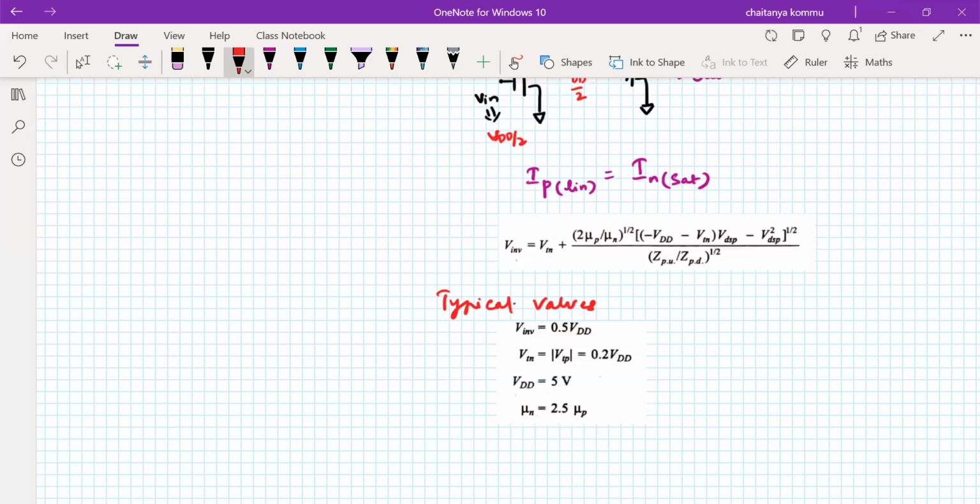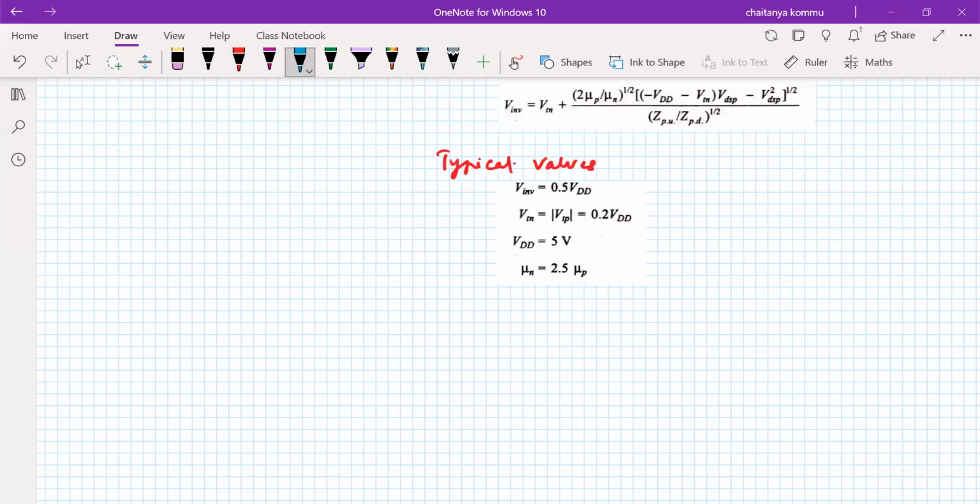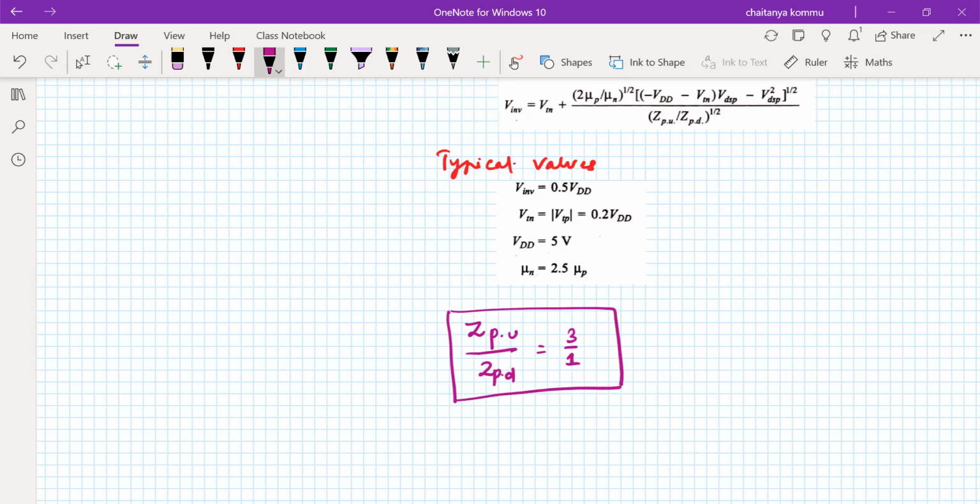Okay, so then what is the final ZPU divided by ZPD we will get there? Now, if you substitute all these things in the above equation, ZPU divided by ZPD is equal to 3:1, we will get there.